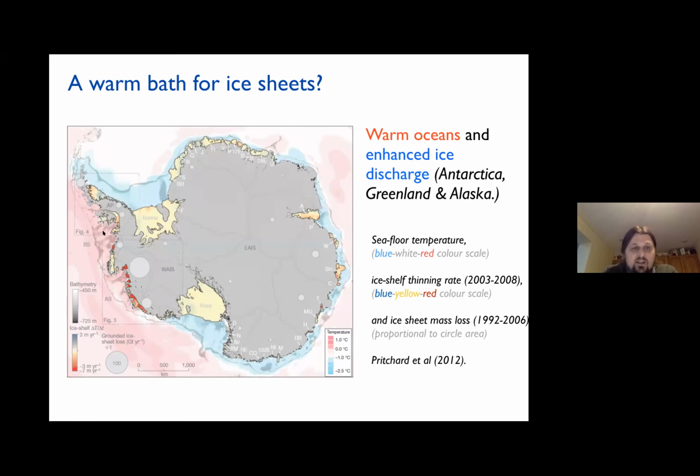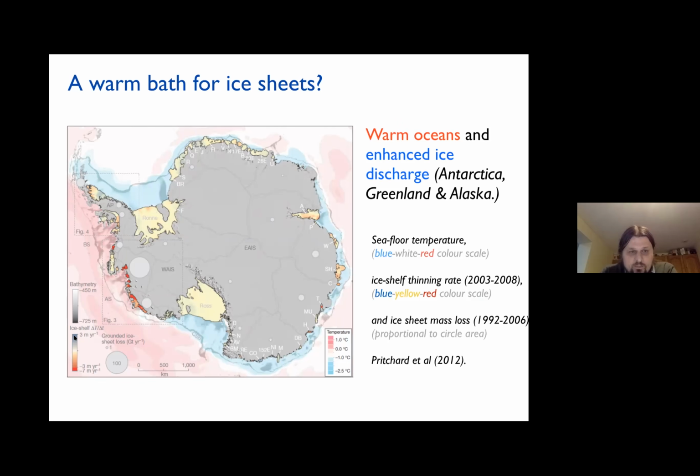So on here, there's a red to blue color scale in the ocean around the continent. This is showing you the temperature near to the seafloor in the regions where the water would be able to get into contact with the ice. You also have, on this setting, a separate color bar on the regions where you have floating tongues of ice.